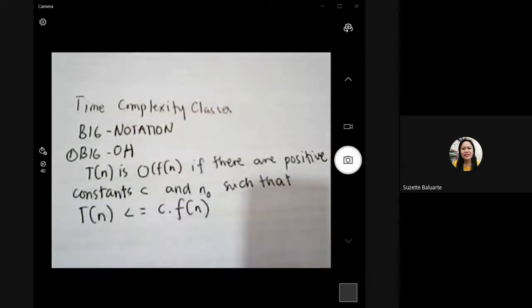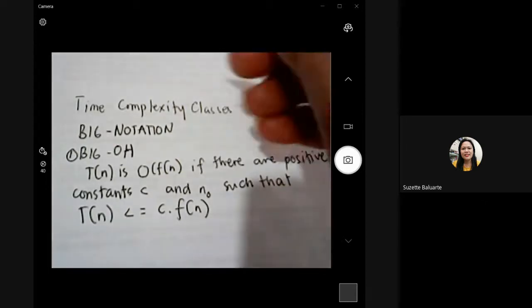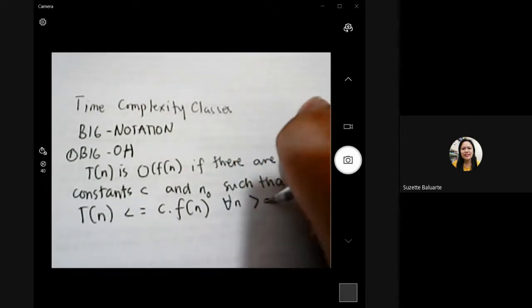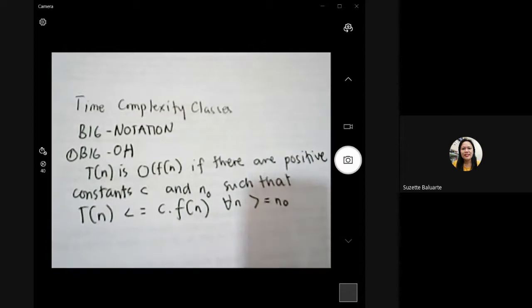And how about big omega? So in big omega, T of n is less than C of f of n for all n greater than or equal to n sub 0. So it would be greater than or less than.